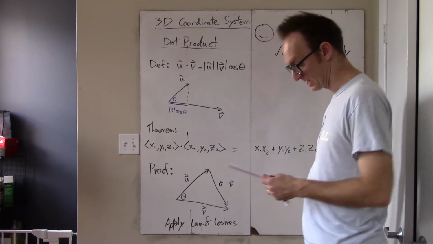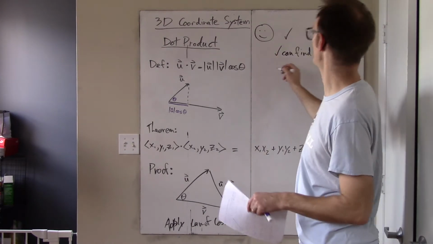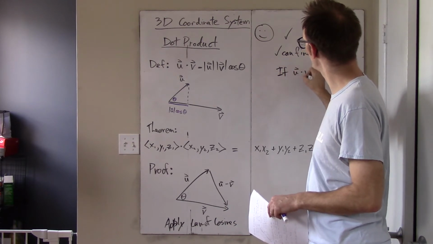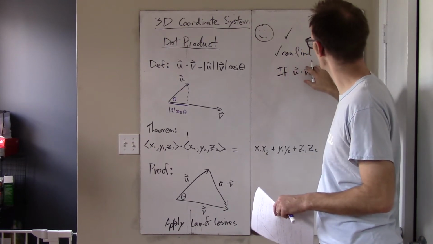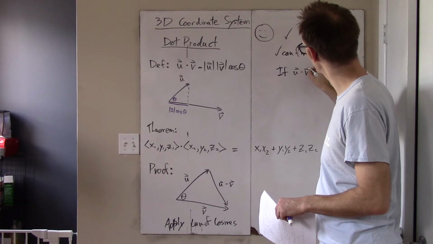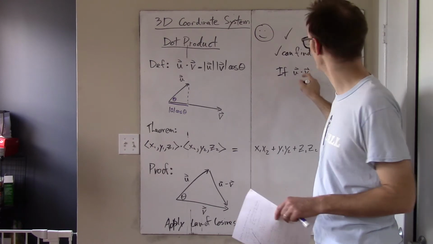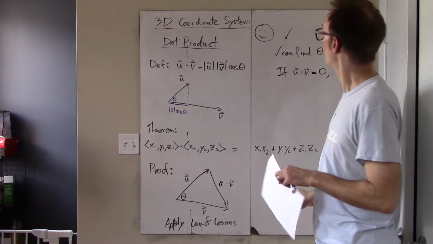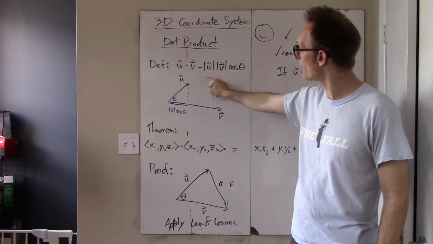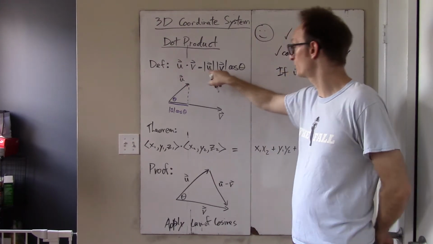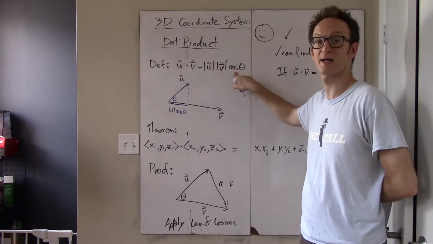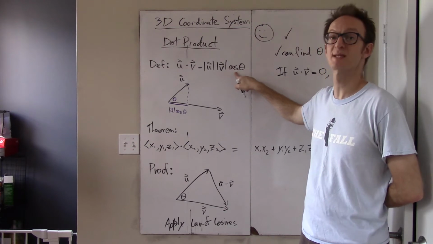And another takeaway is that if you take the dot product of two vectors, which are not zero vectors, but you get 0, well, looking back at the definition of dot product, the only way for the dot product to be 0 is if the cosine of the angle between them is 0.